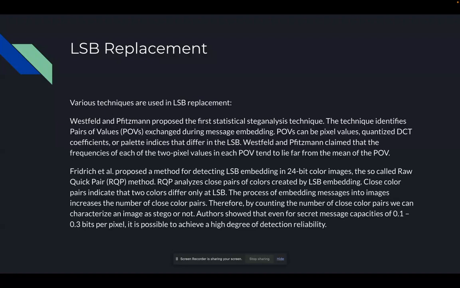Close color pairs indicate the two colors differ only at the LSB, and the process of embedding messages into images increases the number of close color pairs. Therefore, by counting the number of close color pairs, we can characterize an image as stego or not. And the authors showed that even for secret message capacities of 0.1 to 0.3 bits per pixel, it is possible to achieve a high degree of detection reliability.